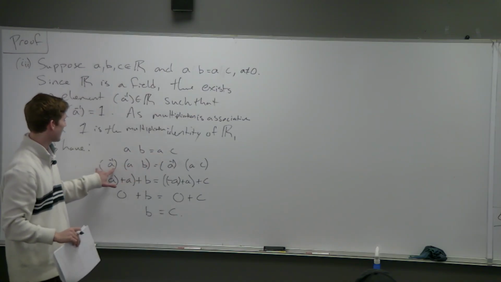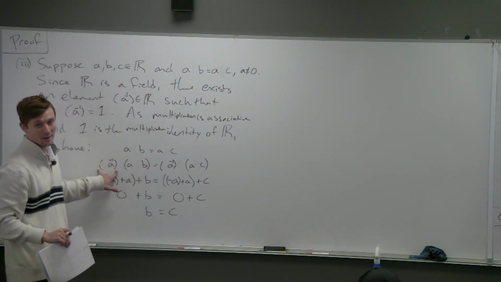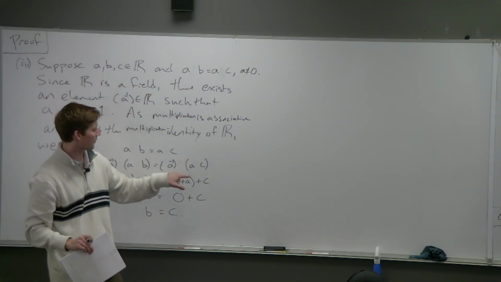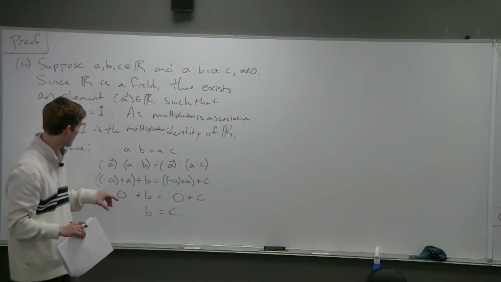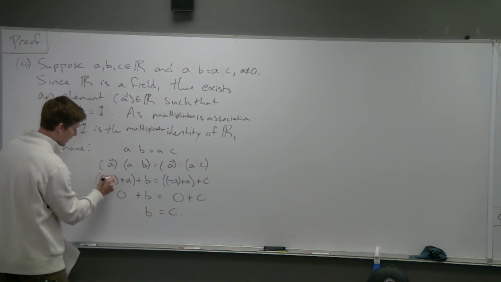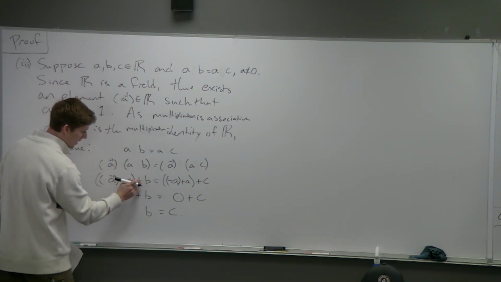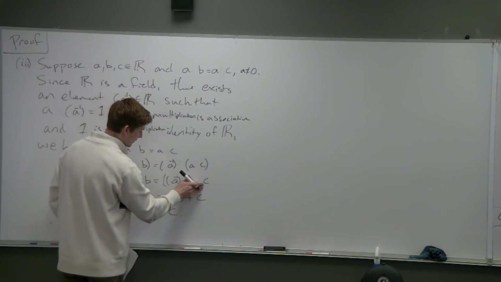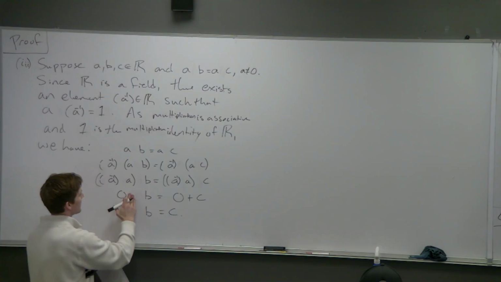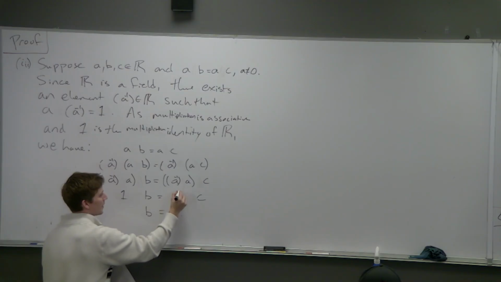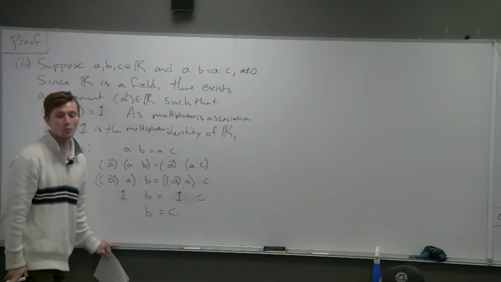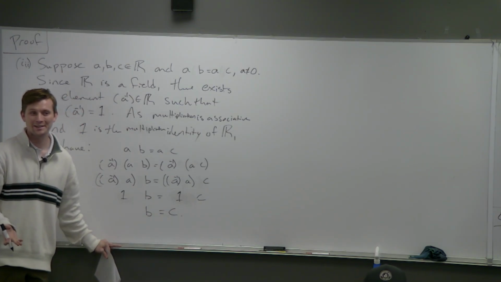AB equals AC, then A to the minus 1, A's multiplicative inverse, times the quantity A times B is equal to A's multiplicative inverse times the quantity A times C. And this is A to the minus 1 times A times B, and A to the minus 1 times A times C. And this is just now 1 times B and 1 times C, which tells you that B is equal to C, since 1 is the multiplicative identity.